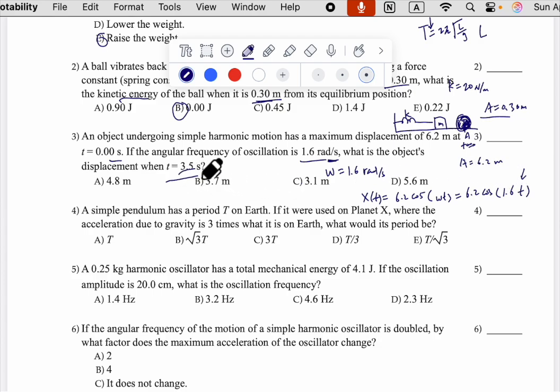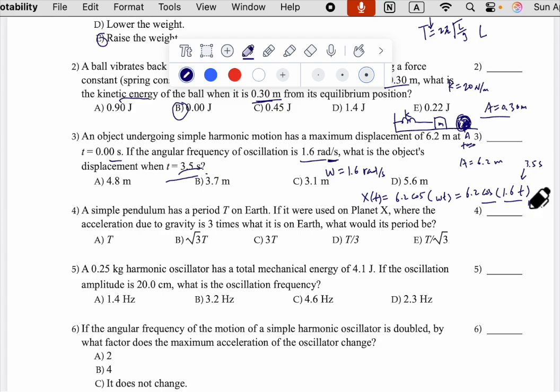Alright, so just use your calculator to substitute t. It asks at t equal to 3.5 seconds, so 1.6 times 3.5, cosine of this. One more thing to pay attention to: when you calculate the cosine, the angle must be in radians.